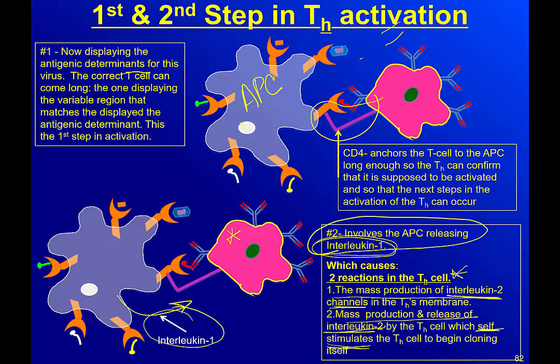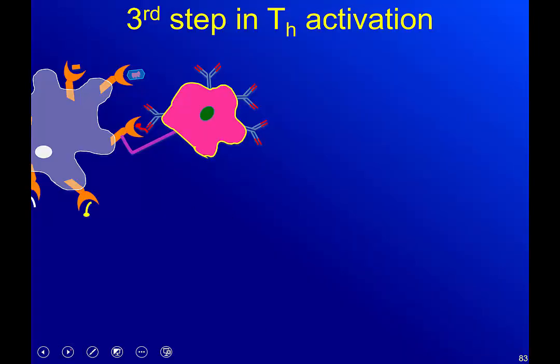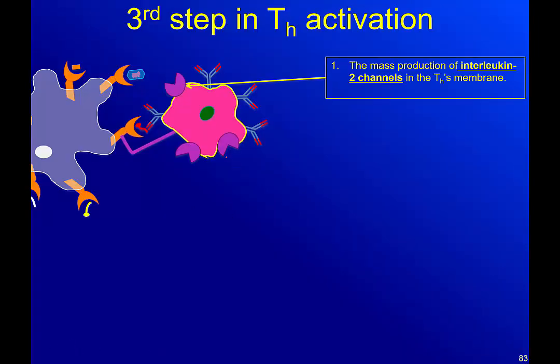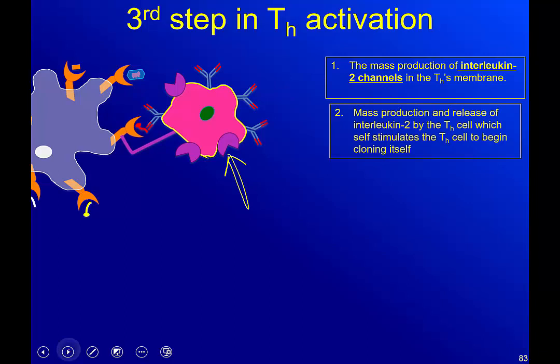So there's this partial activation and then there's complete activation. Once I've made my interleukin-2 channels and started mass producing interleukin-2 inside my cell, and then I release it and it comes back and binds.